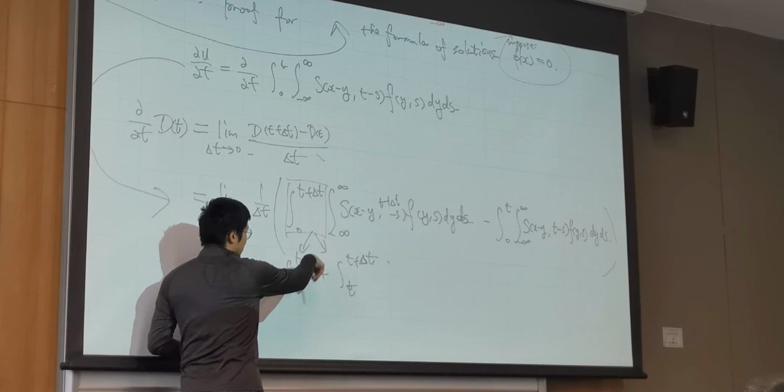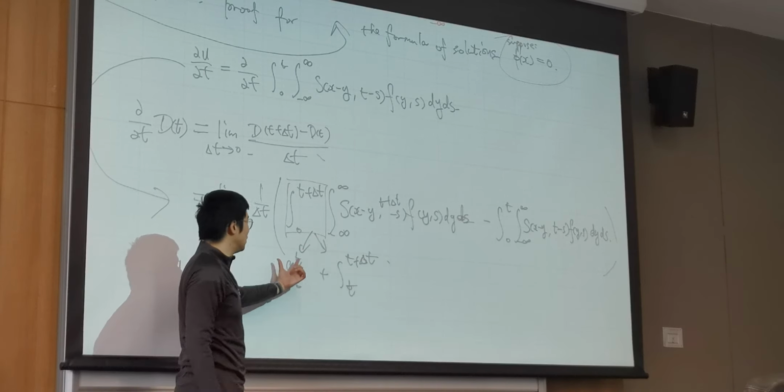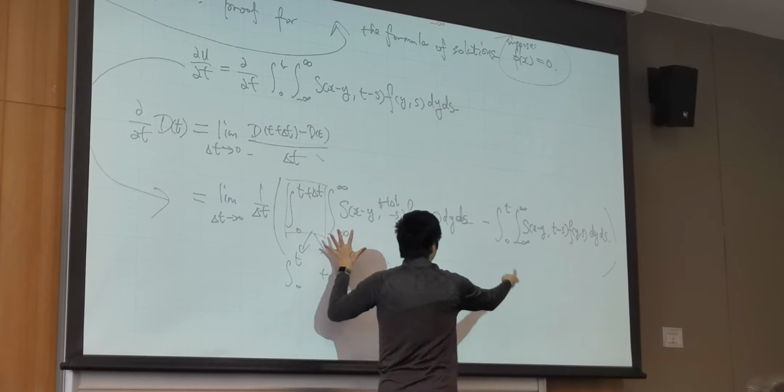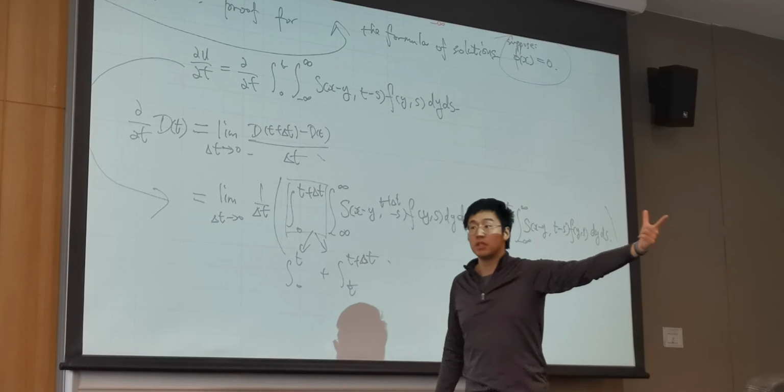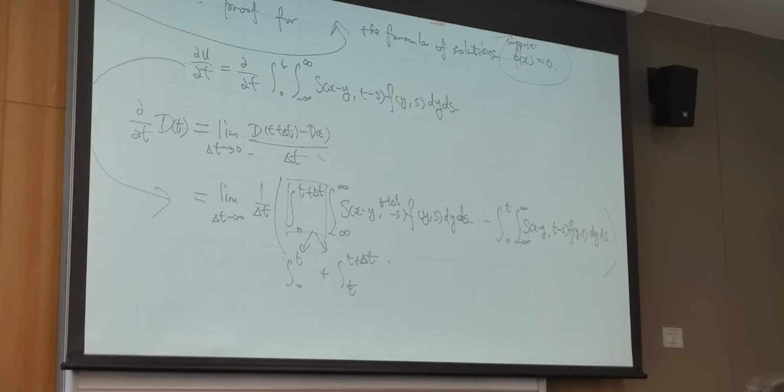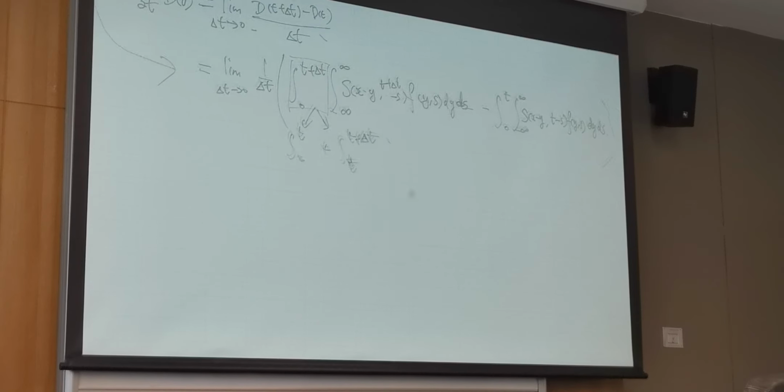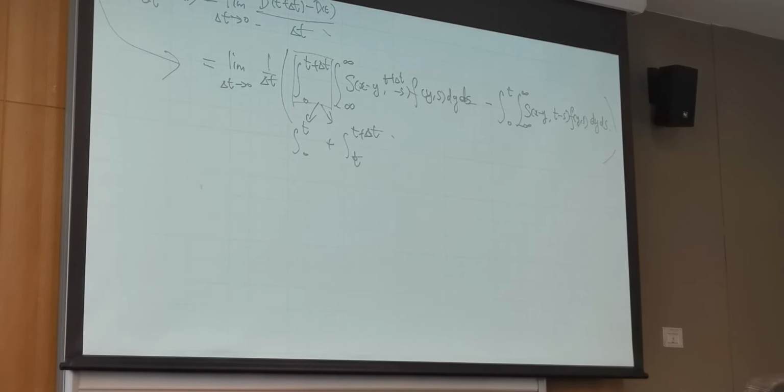And the first one, from 0 to t, I'm just going to combine directly with the second part. Which means that here I'm going to have the limit when delta t goes to 0 of 1 over delta t, and then the integral from 0 to t. This is the combination of the first part and the second part.